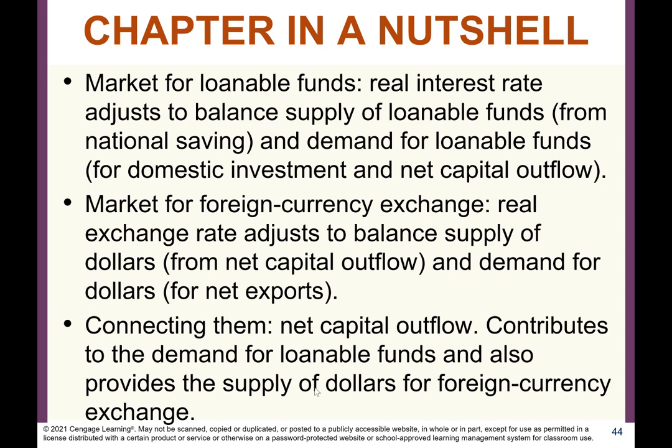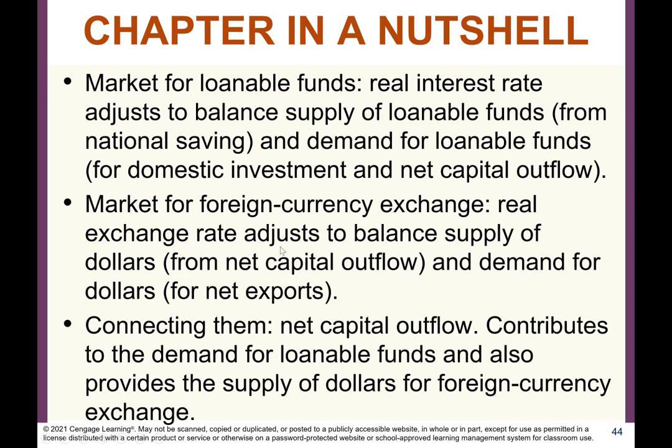Chapter in a nutshell. Market for loanable funds. Real interest rate adjusts to balance supply of loanable funds from national saving and the demand for loanable funds for domestic investment and net capital outflow. Market for foreign currency exchange.